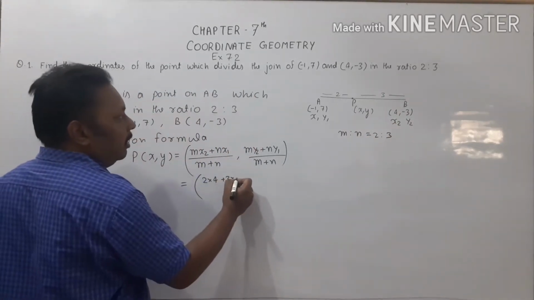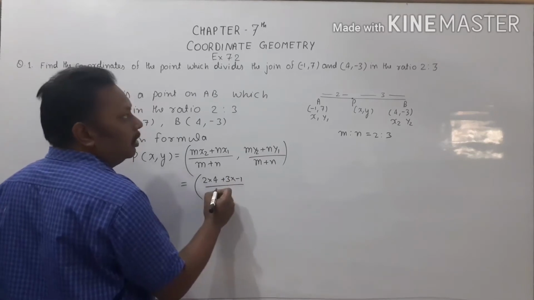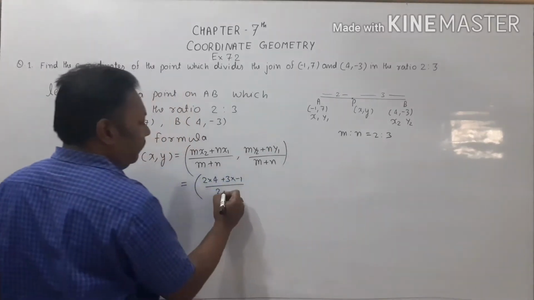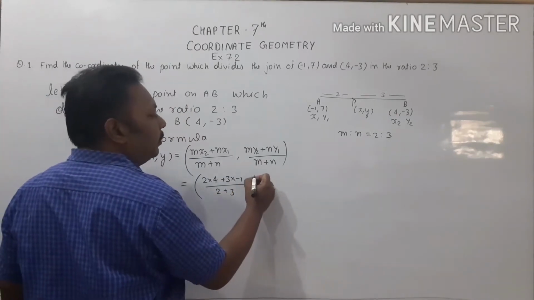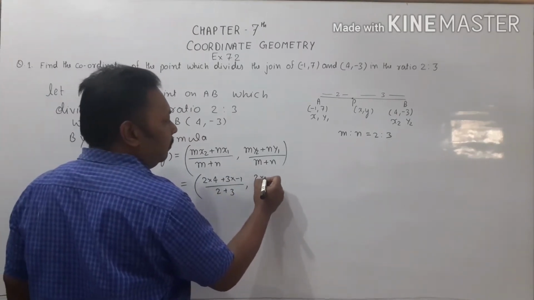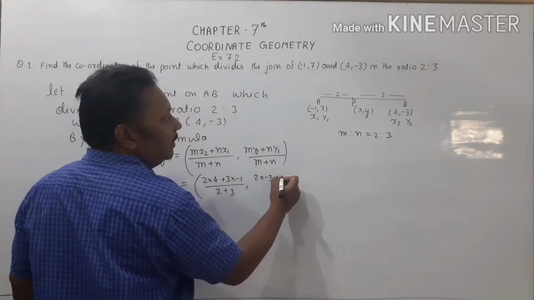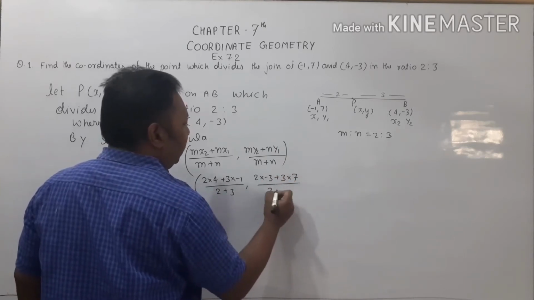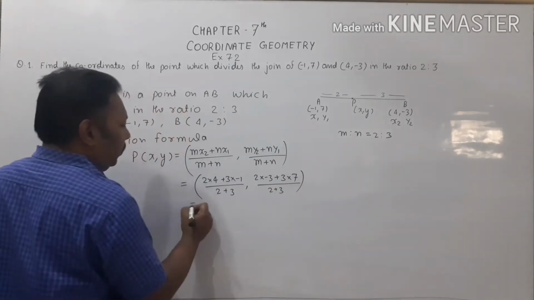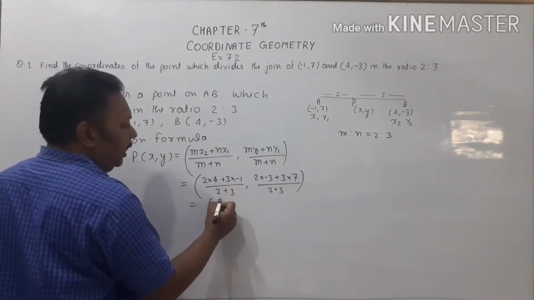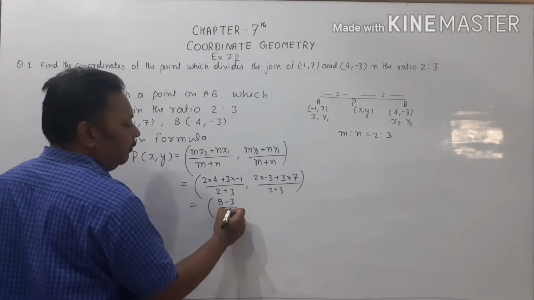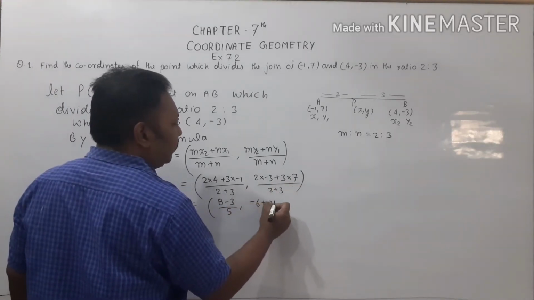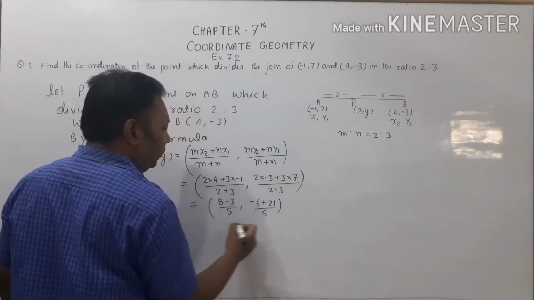So the value of x1 is -1 upon m plus n, that is 2 plus 3, and my2, that is 2 into -3, plus n, 3 into y1, 7 upon 2 plus 3. 2 fours are 8, 8 minus 3 upon 5, minus 6 plus 21 upon 5.